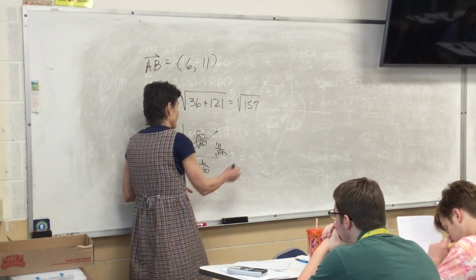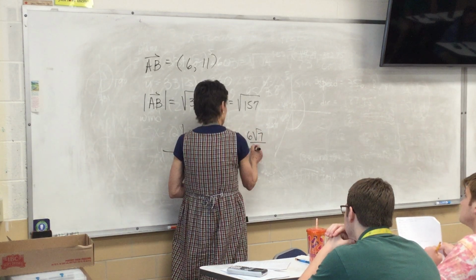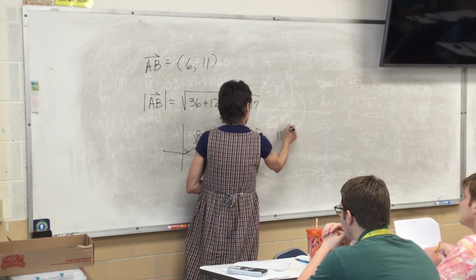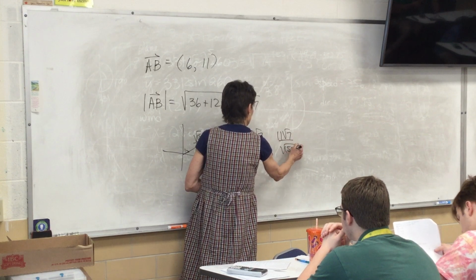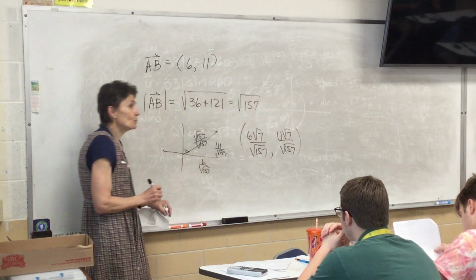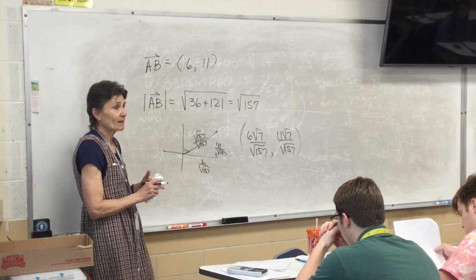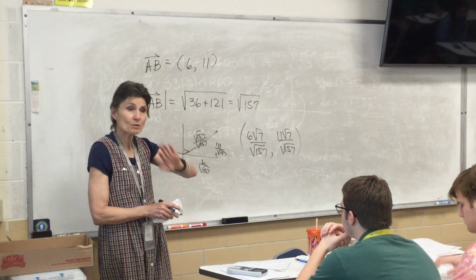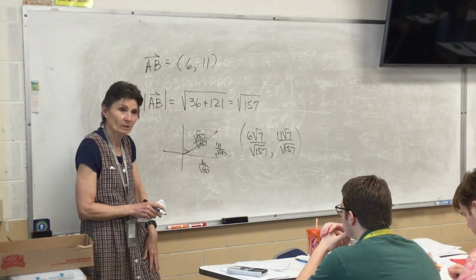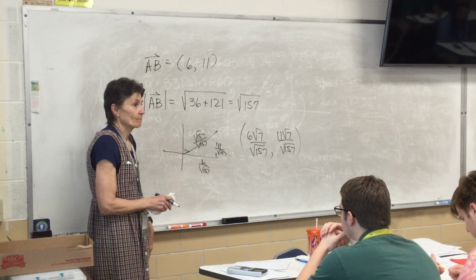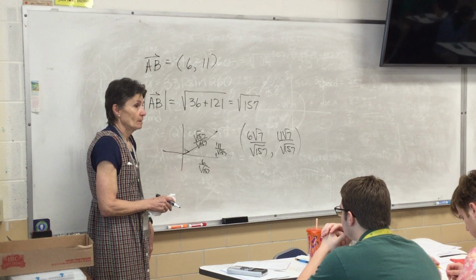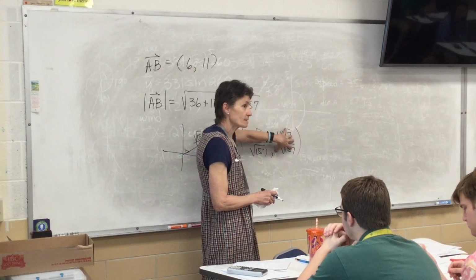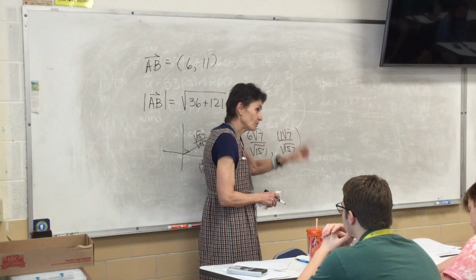So the coordinates of the vector would be 6 root 7 over the square root of 157, and 11 root 7 over the square root of 157. You can make a vector have any length you want by first changing it into a unit vector and then multiplying it by whatever length you want. Okay? If you square this, add them up and take the square root, you're going to get root 7.